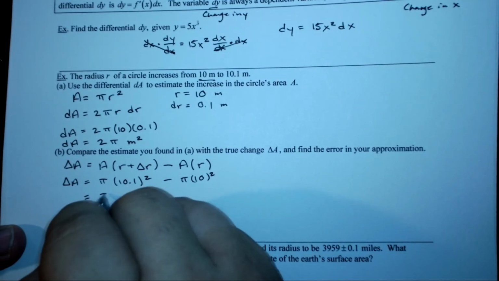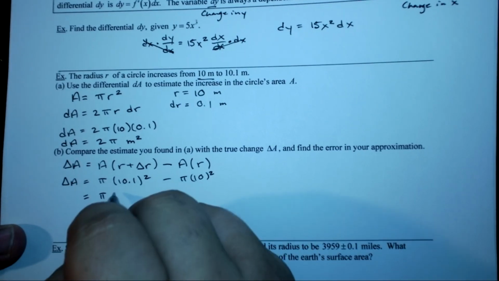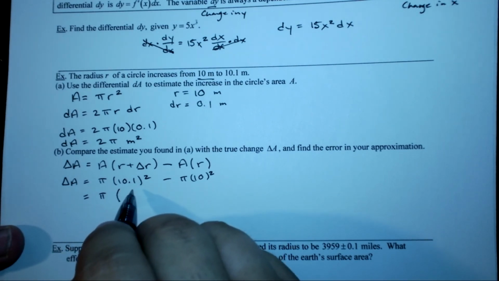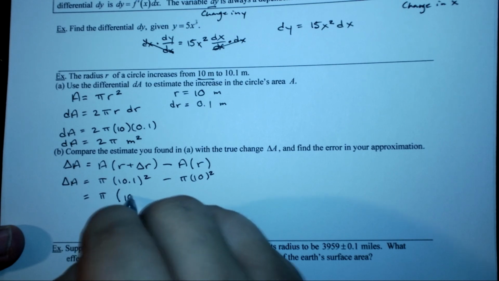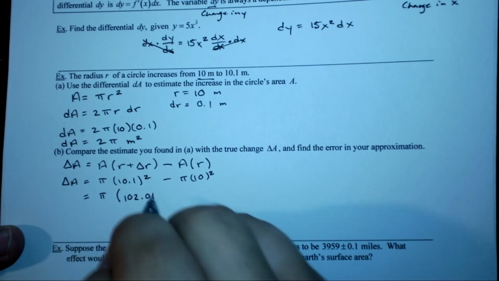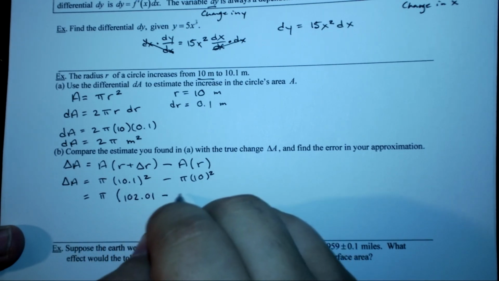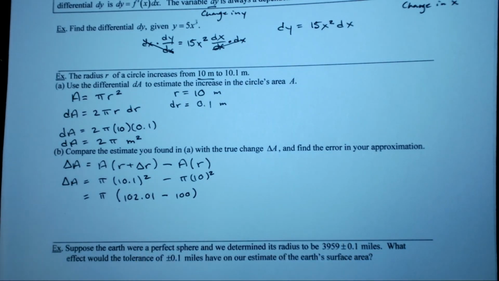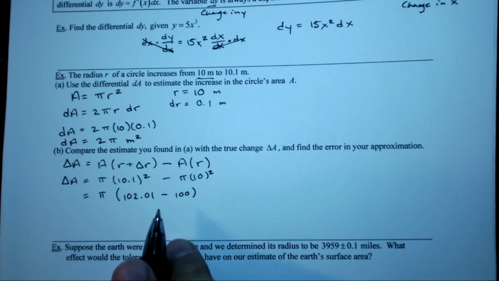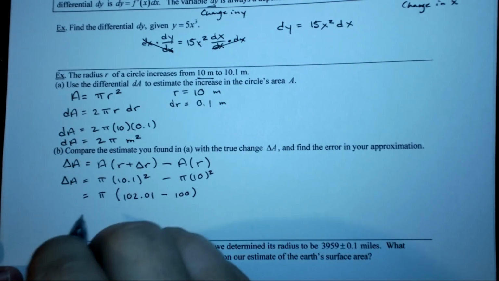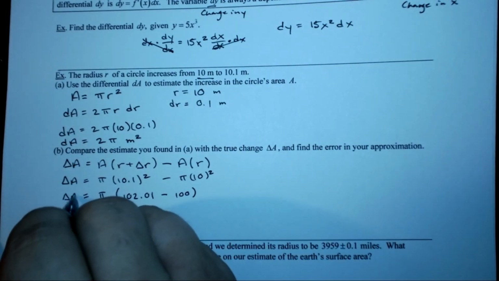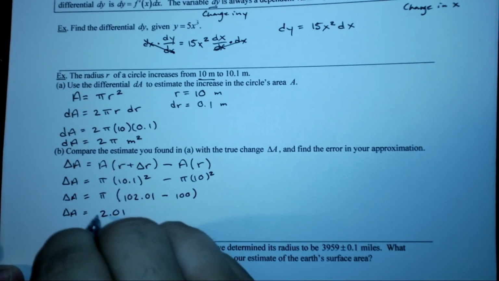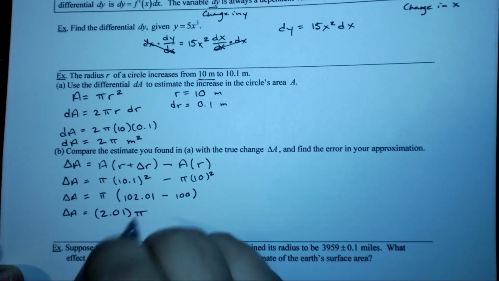This is equal to pi times, we're going to factor out a pi and then square these, so 10.1 squared is 102.01, minus 10 squared, which is 100. The reason I'm doing this and not multiplying everything out, you'll see, is that's a change in area. So the change in area is equal to 2.01 times pi.